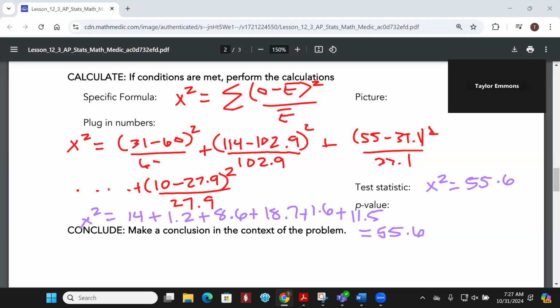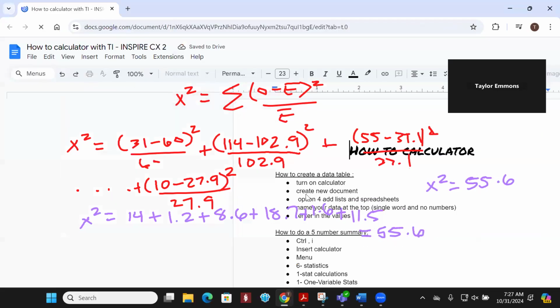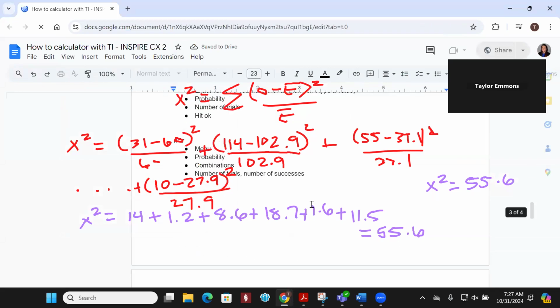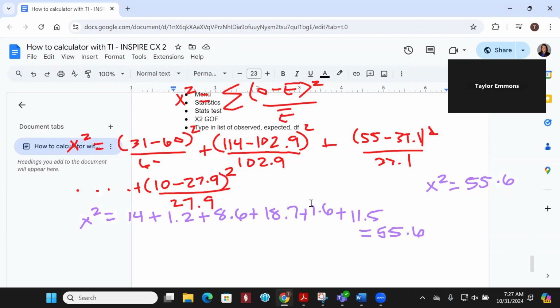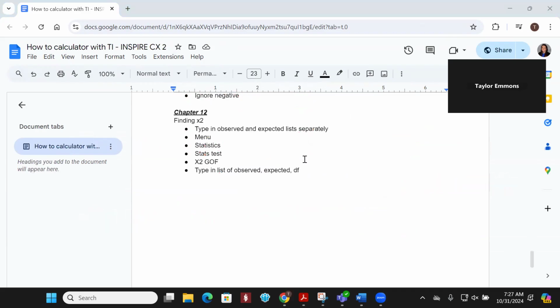I'm going to pull this up for my people who weren't here yesterday. There's a shortcut to the shortcut. If you weren't here yesterday, you type in your lists separately, then hit menu, statistics, stats tests, the chi-squared goodness of fit.